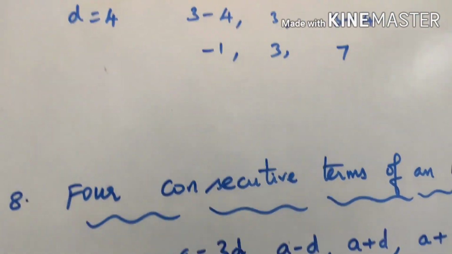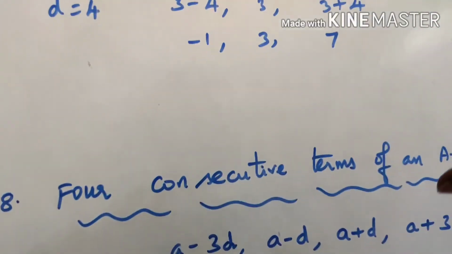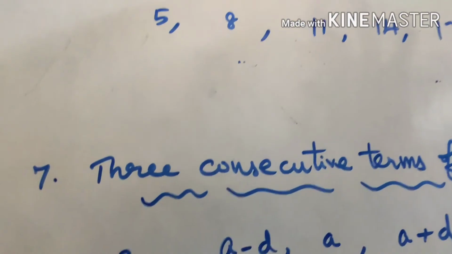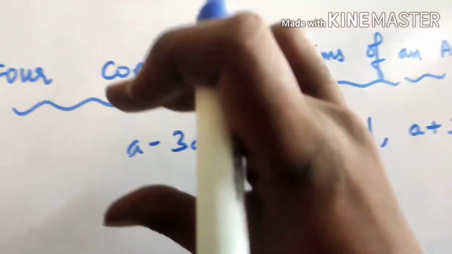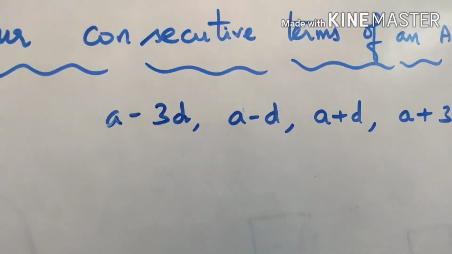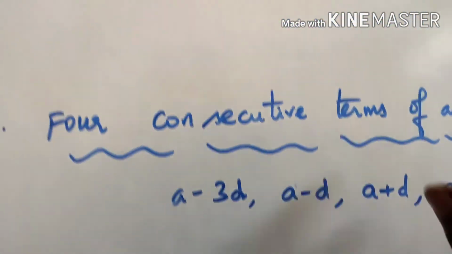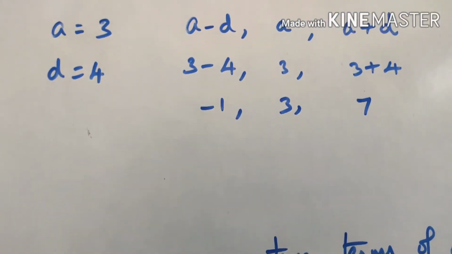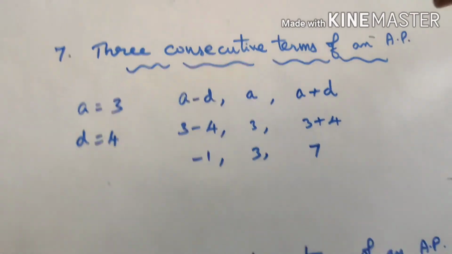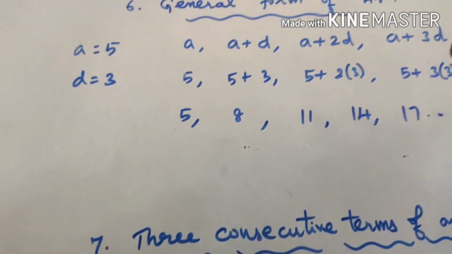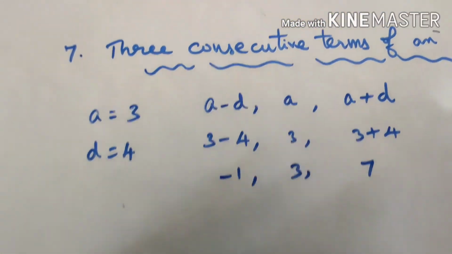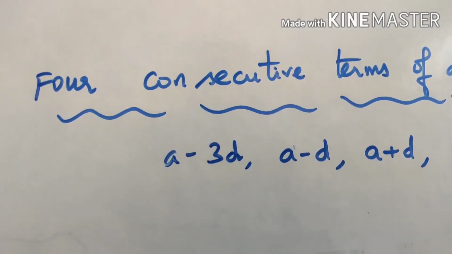This is not a formula, these are forms. Forms of AP: the general form, the three consecutive terms form, and the four consecutive terms form. The terms will be in these forms only, so I wrote these forms separately. Okay, clear?